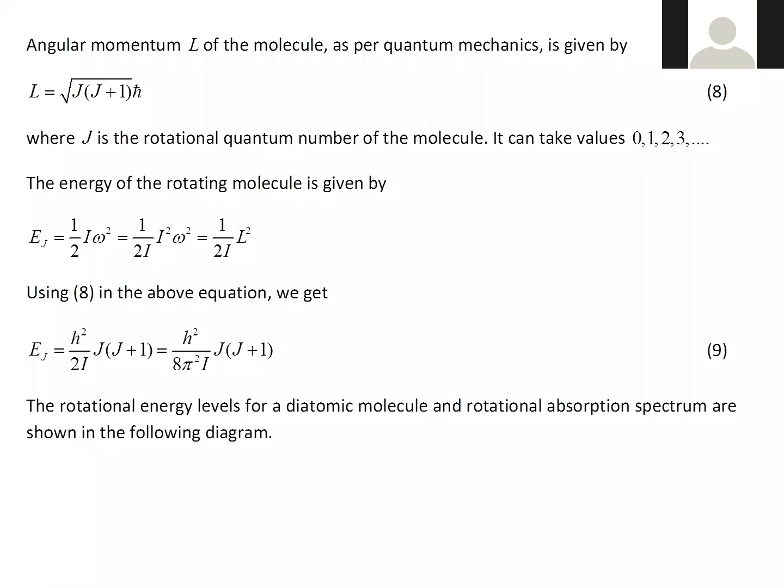ಸೊ ದ ಆಂಗುಲರ್ ಮೊಮೆಂಟಮ್ L of the molecule given by quantum mechanics is given by capital L is equal to square root of J into J plus 1 H cross. I would like to remind you that a similar type of expression we used in the case of atoms, where we called one of the quantum numbers the orbital quantum number.